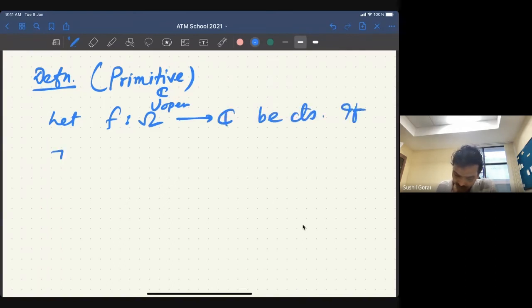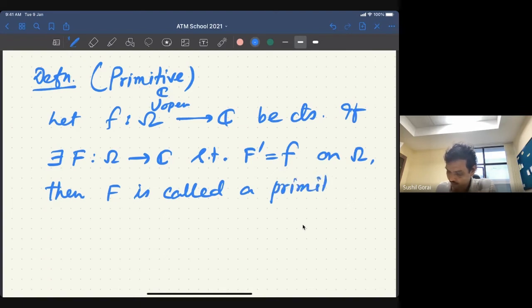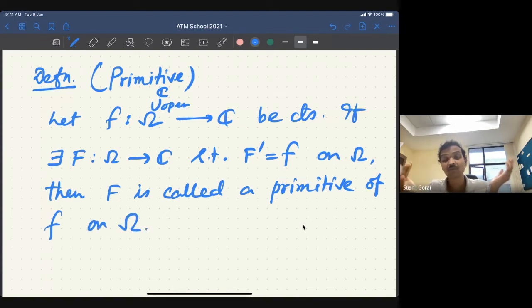If there exists capital F from omega to C such that capital F prime is f on omega, then F is called a primitive of f on omega. You see, this concept of primitive is not from complex analysis. It actually comes from real analysis, R2.